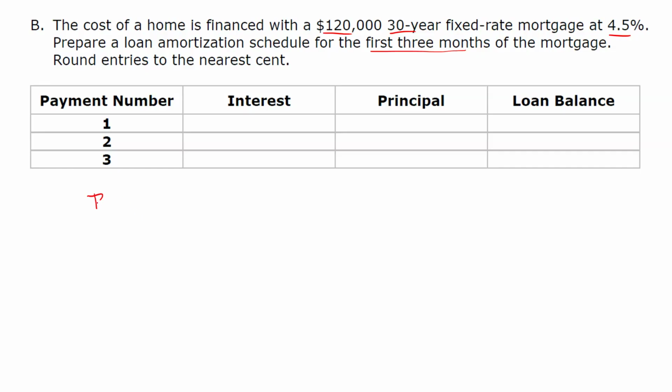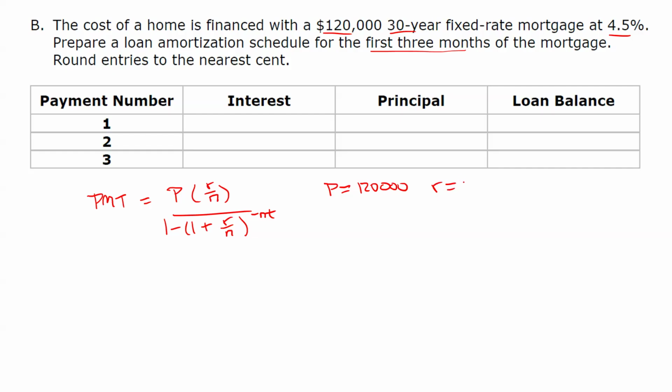So we're going to find the PMT. So that's P times R over N divided by 1 minus 1 plus R over N to the negative NT. So we need our values. So P is $120,000.